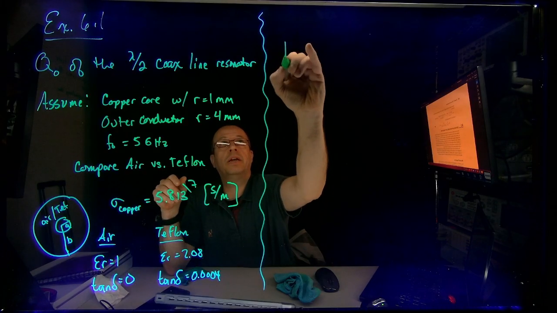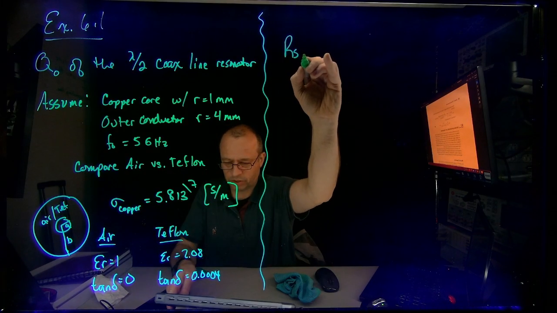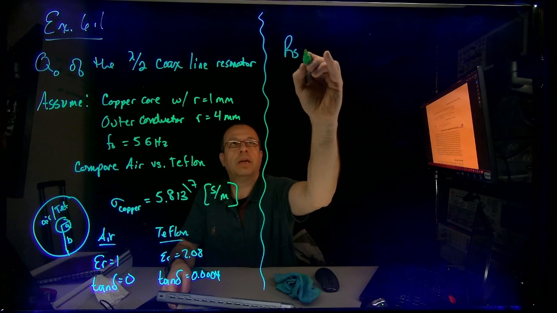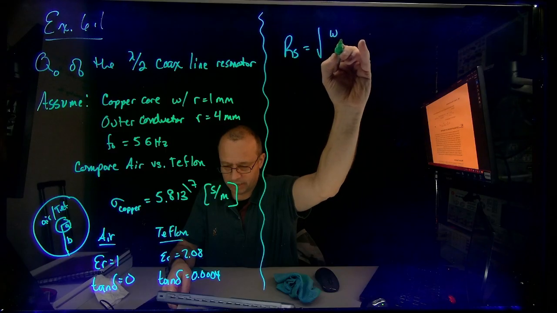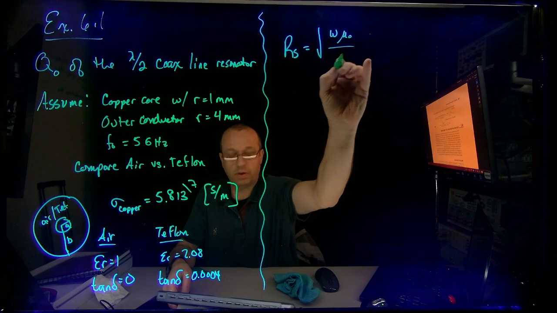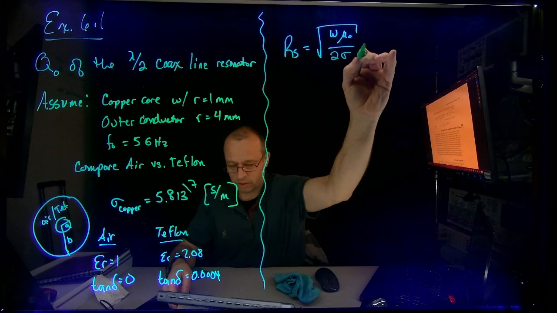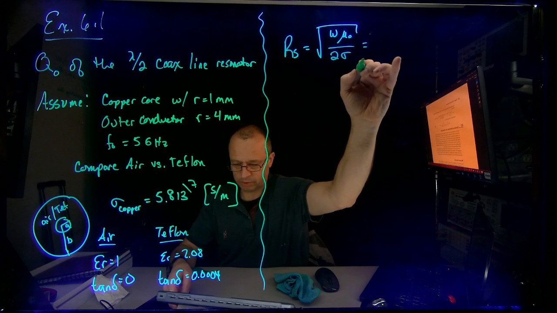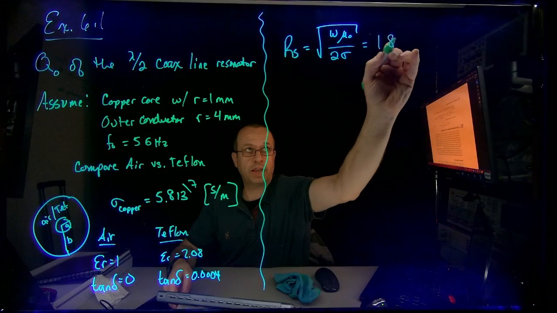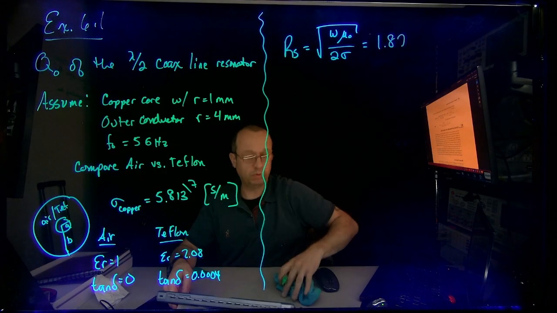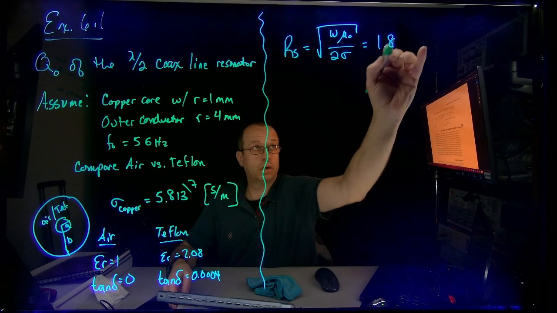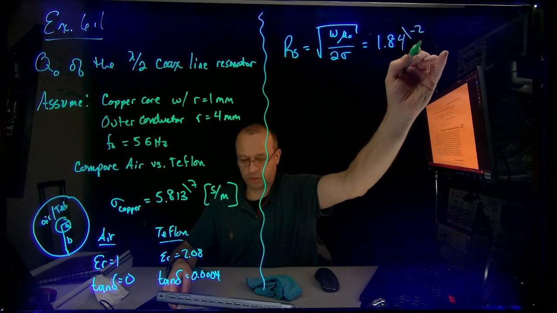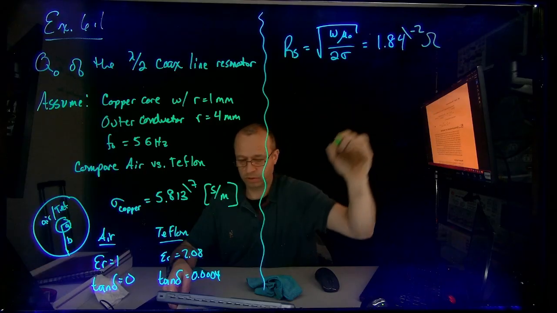So RS, surface resistivity, equals the square root of omega mu naught over 2 sigma, and this is equal to 1.84 times 10 to the minus 2 ohms.